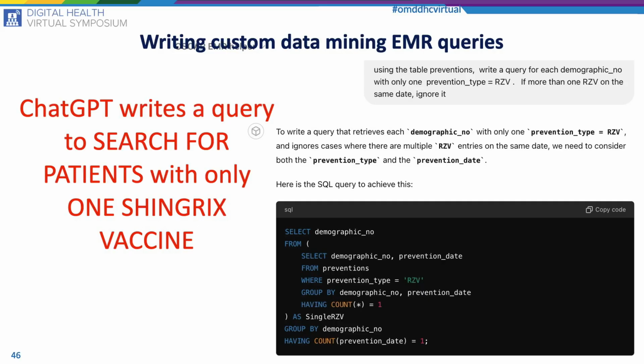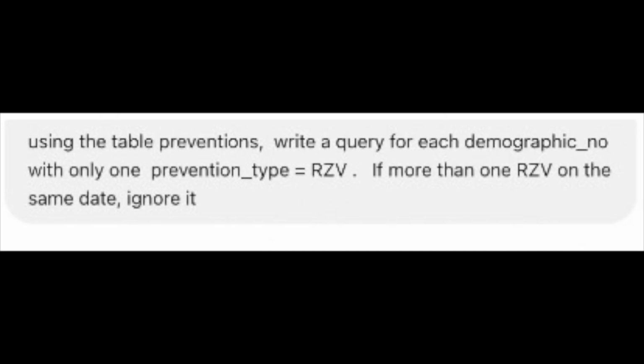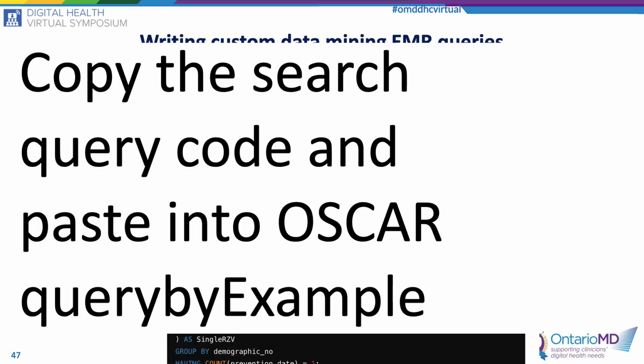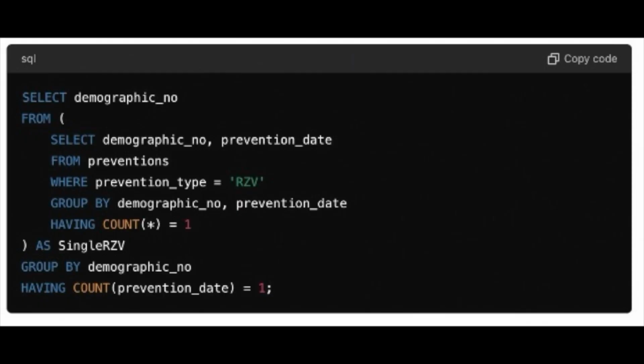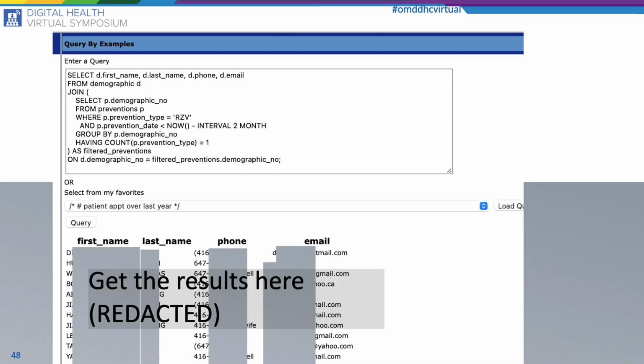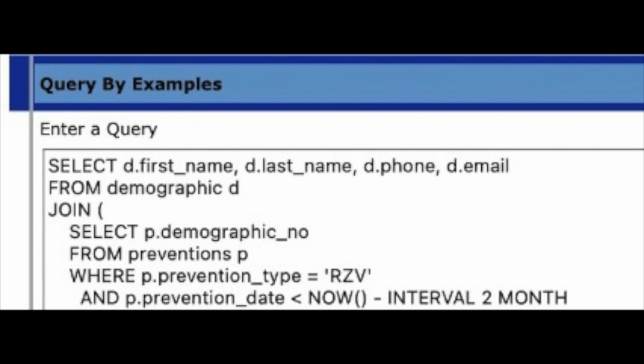So here I write a query to find patients with only one shingles vaccine, because you need to have 2 shingles vaccines. And one thing, it's not ChatGPT that is actually searching my OSCAR database. I'm not letting it have any access to my OSCAR database. I take the code, this search query, I copy it from ChatGPT, and I upload it onto my OSCAR query module, and I run it.